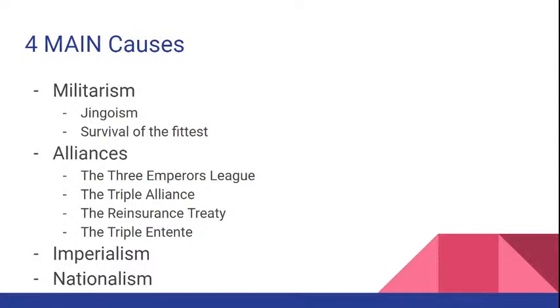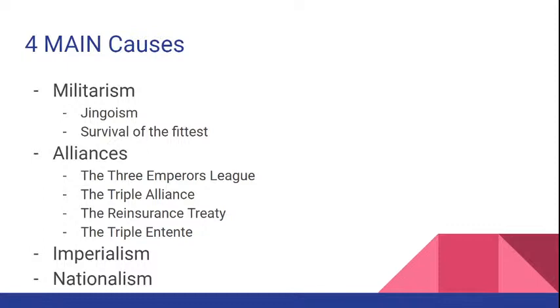Now, this was an answer to Otto von Bismarck's greatest fear, which was that France would try to avenge their losses from the Franco-Prussian War. And the goal was to keep France diplomatically isolated and without allies, so Bismarck tried to prevent a Franco-Russian alliance.